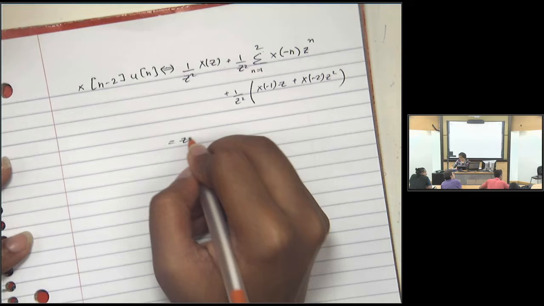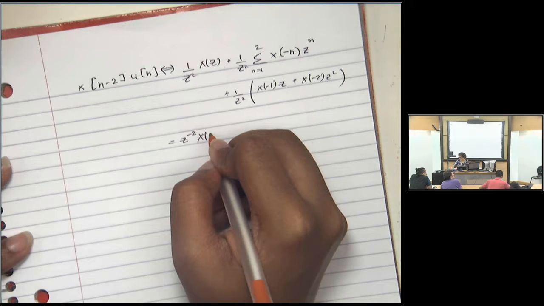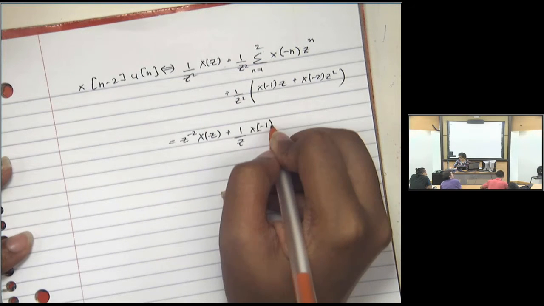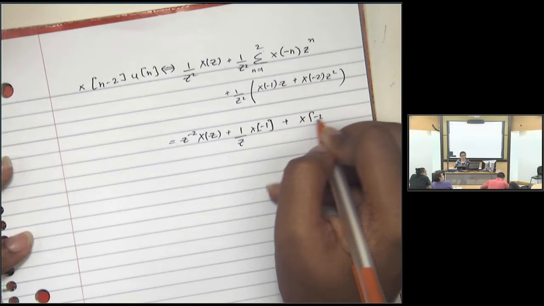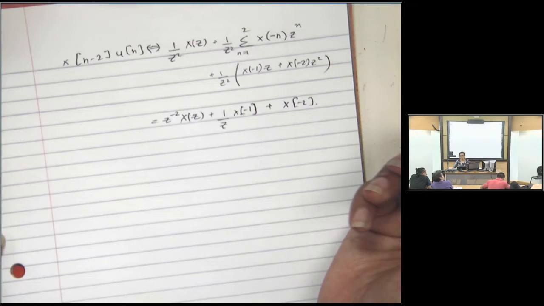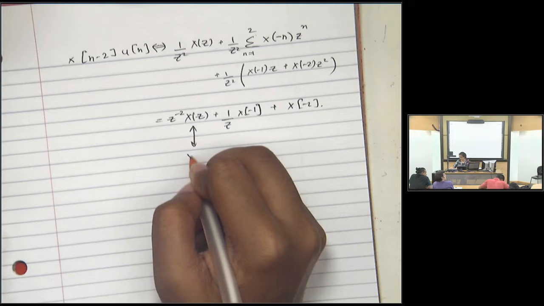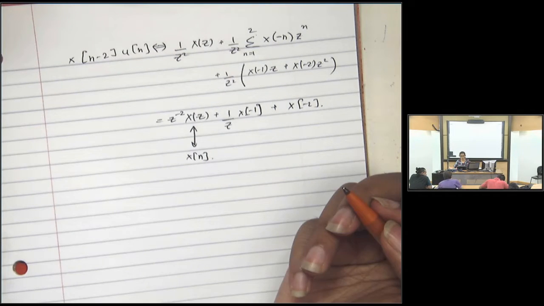Finally, I get z raised to minus 2 times X of z, plus 1 over z times x of minus 1, plus x of minus 2. Here X of z is the transformation of x of n without the delay, so we ignore the delay and plug it in there. Simple.